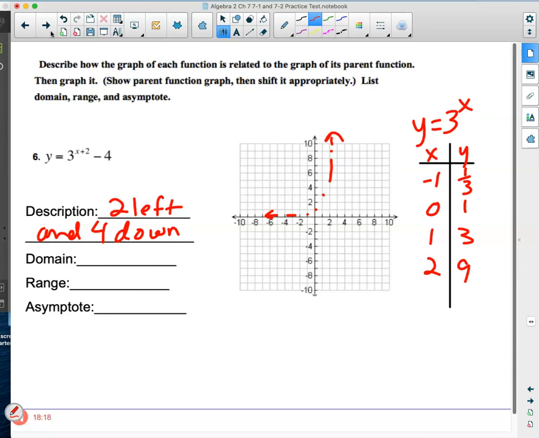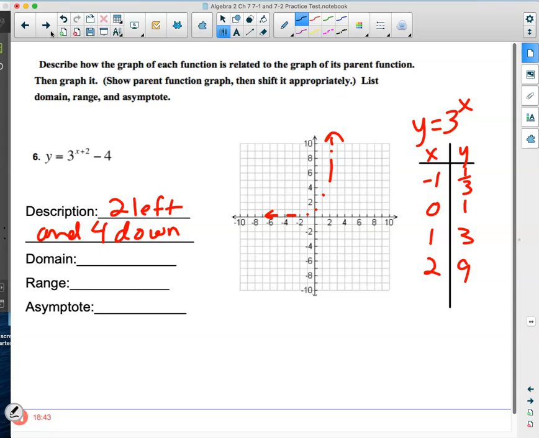So now this problem is really to see, do we know if it's the h or the k that affects the asymptote? And can we get all of that on there right? Where's our new asymptote going to be? Exactly. H has nothing to do with the asymptote, just k does.